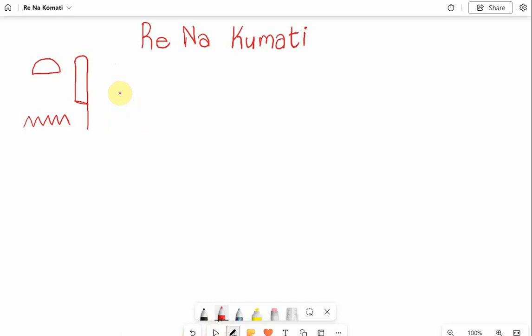Okay, let's see if we can do this. Dani. And as you may be wondering, what is a step pyramid doing in Egypt? This is a step pyramid.